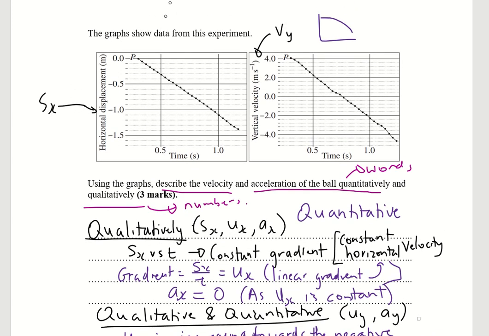I mean, it says quantitative, so that's deriving equations and not just using words to describe it. If you want, though, you could potentially find the actual gradient value of the slope, or draw your own line of best fit, and then calculate those values to show that the horizontal velocity here is indeed constant, and that the vertical acceleration is constant too.